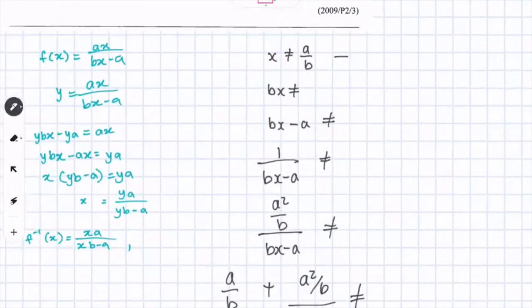This is the domain of F. Bx. Is it A? Yeah. Oh, okay. Because it times B both sides.